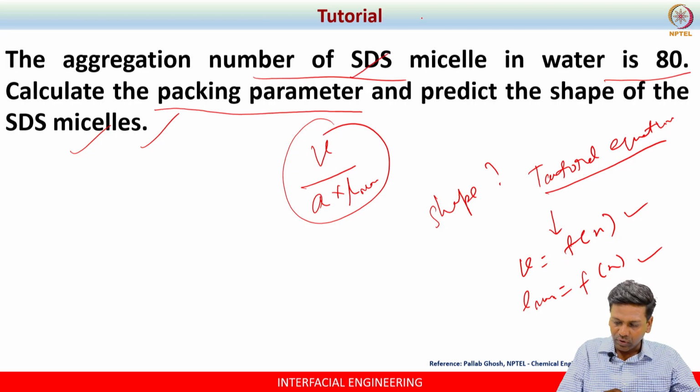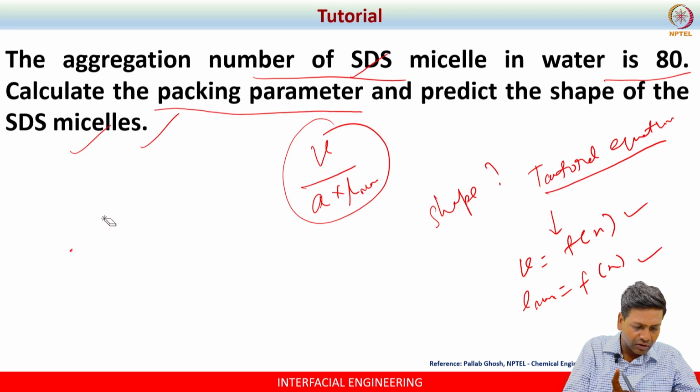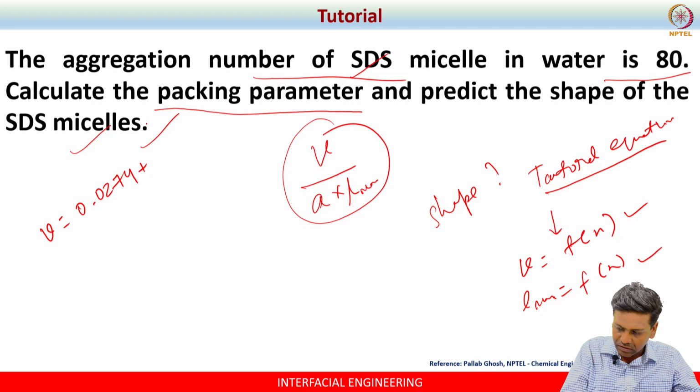One can use this equation, that is V equal to 0.0274 plus 0.0269 n.